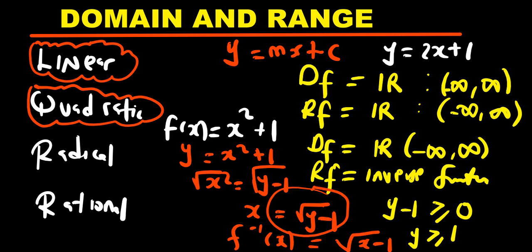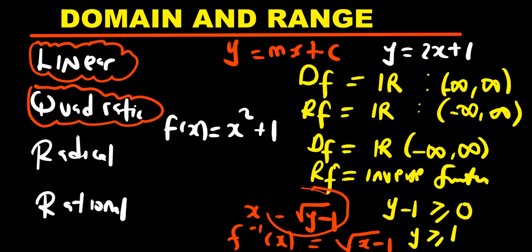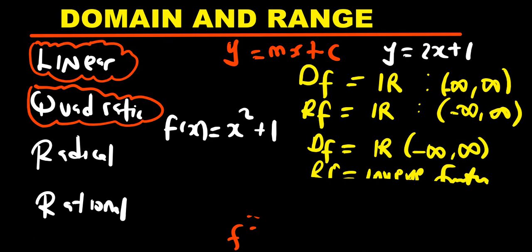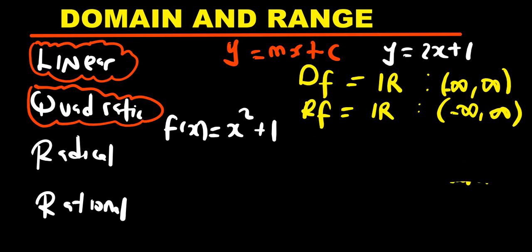Very, very important. Now that we've introduced radical functions, how do you find the range and the domain of a radical function? Don't worry, we're going to talk about these one by one. We're just talking about the domain and the range of all of them. A radical function is a function that is in a root.